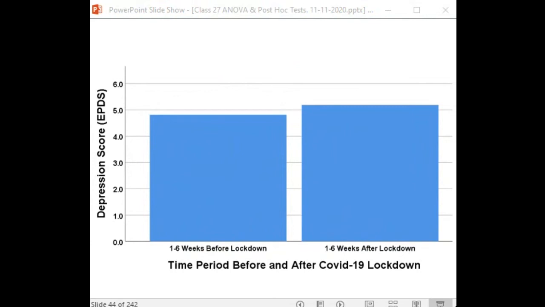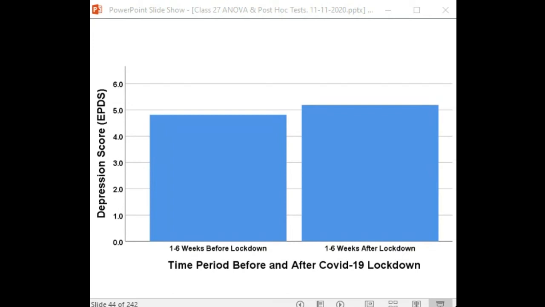The bar on the left shows the average depression scores of a group of pregnant women during the 6-week period just before their city went into lockdown. As you can see, these women had average depression scores that were slightly less than 5. So on average, maybe this group was slightly depressed. That's not a real high score, but it indicates the presence of some depressive symptoms.